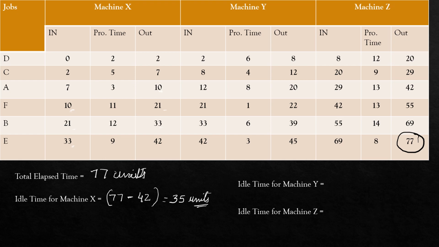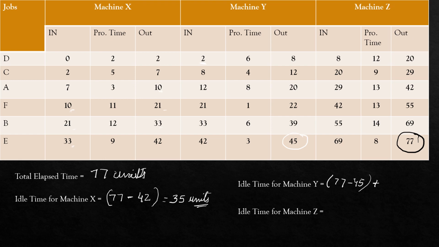Let us calculate idle time for machine Y. Machine Y will be free by 45 units of time, but it will sit idle till the last job gets completed on machine Z. So it is 77 minus 45. But machine Y is idle in between as well. The first job starts processing on machine Y at time equal to 2.